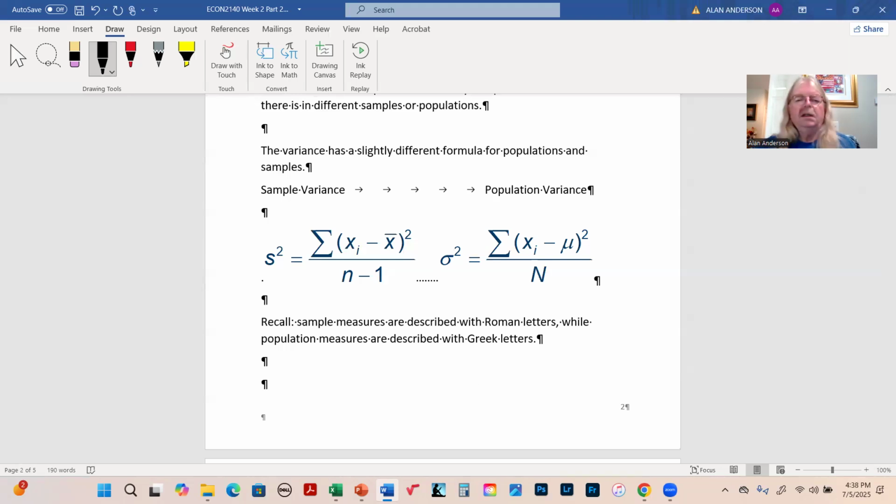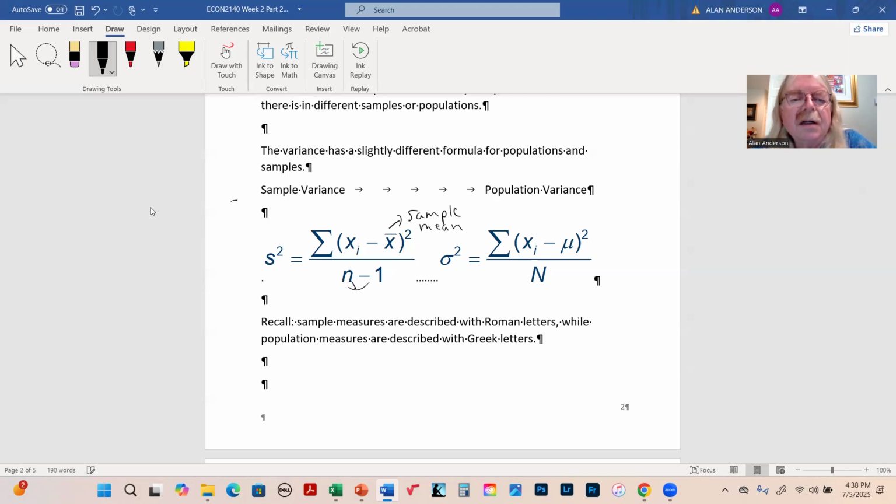So in the sample version, you have the sample mean. Now this xi is a single element of the sample.